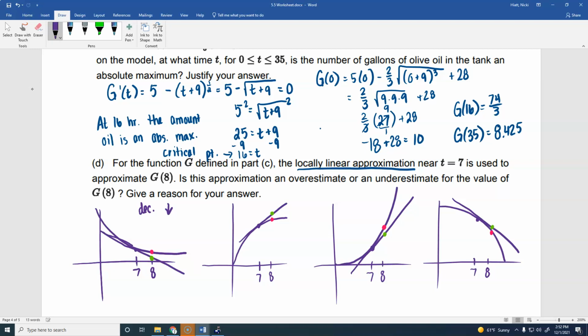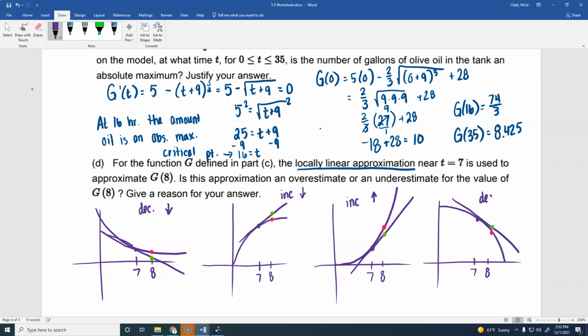Okay, so this was decreasing and concave down. This was increasing and concave down. Now, I'm kind of teaching this to you as I'm showing you this problem. So you would not need to draw all this. You would be increasing and concave up here.